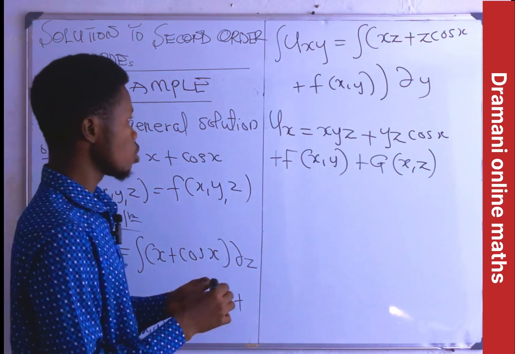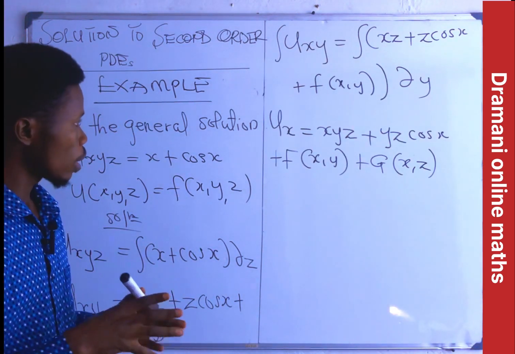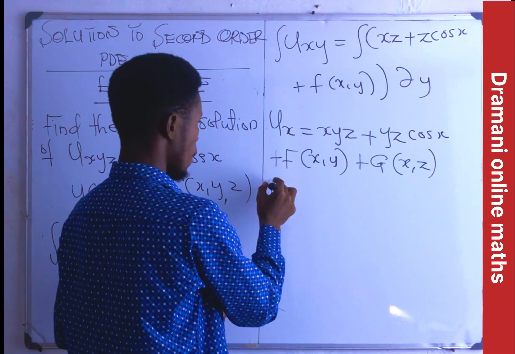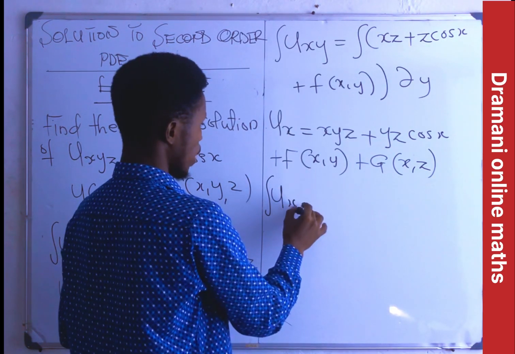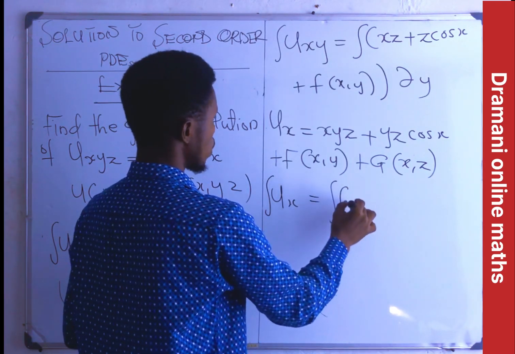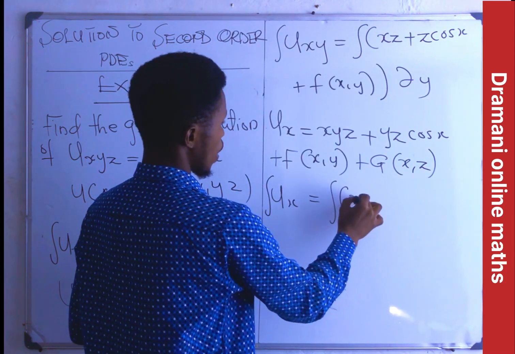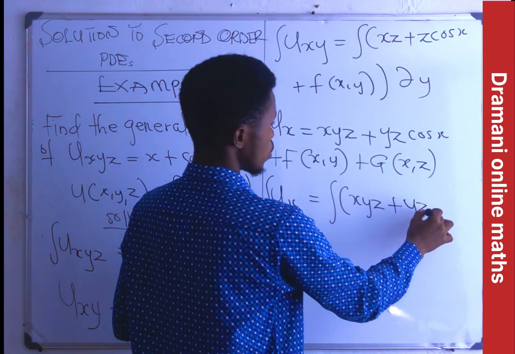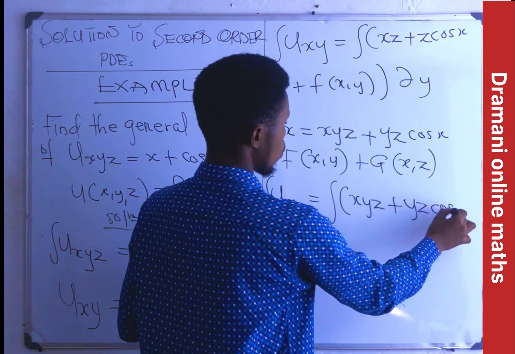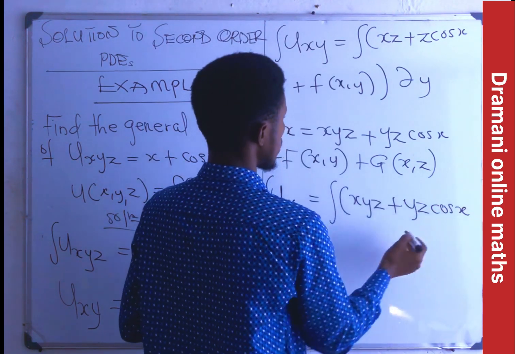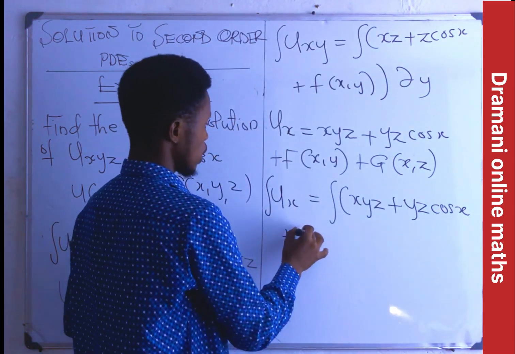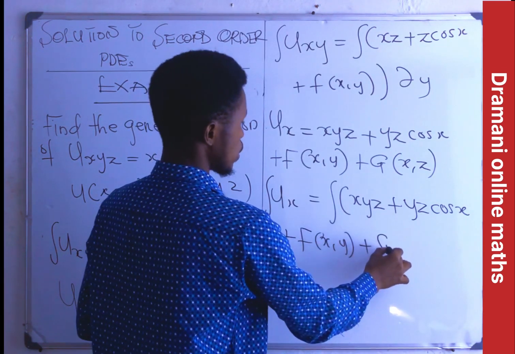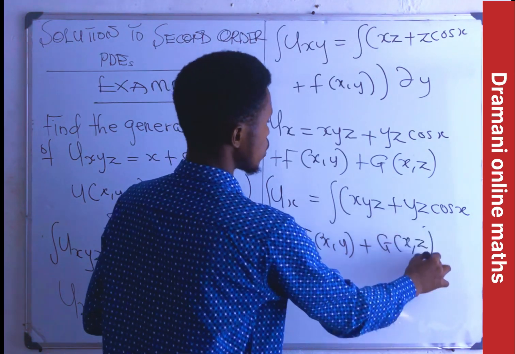Yeah. Then we move on to the last one, which will be u, integral of u x, right, will be equals to integral of x y z plus y z cos x plus f at x, y plus g at x, z.